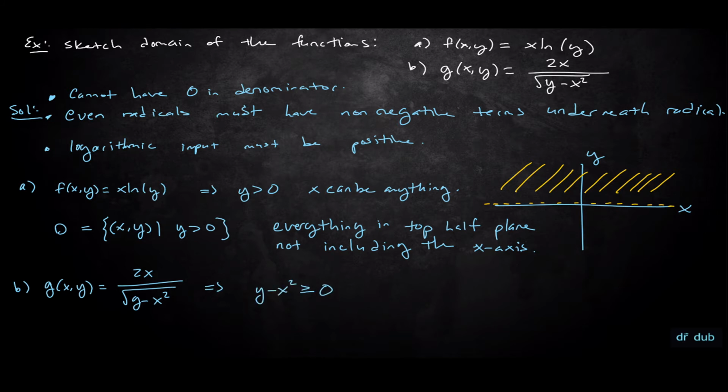It has to be non-negative, but it cannot equal 0 since it's in the denominator. So we have to have y greater than x squared, basically. So the domain D is the set of all ordered pairs x, y such that y is greater than x squared.